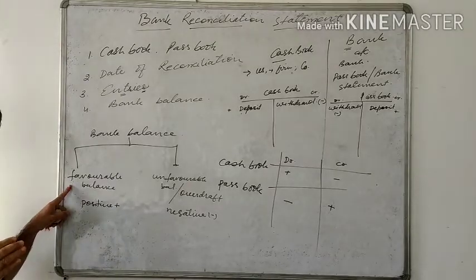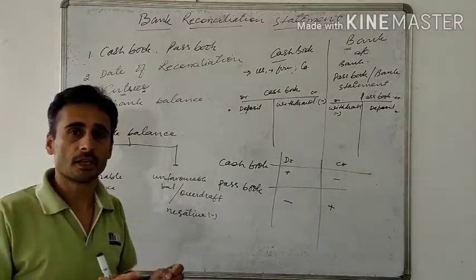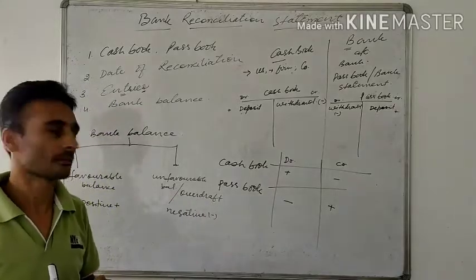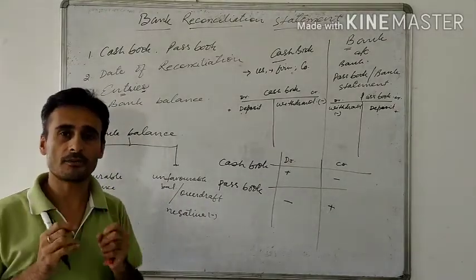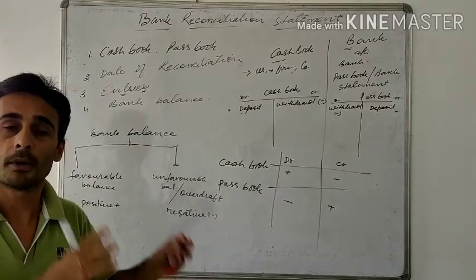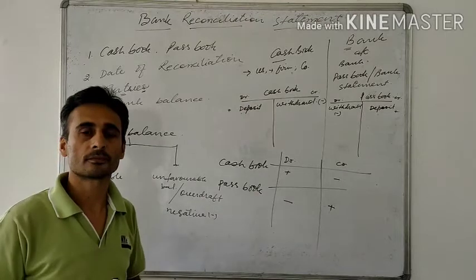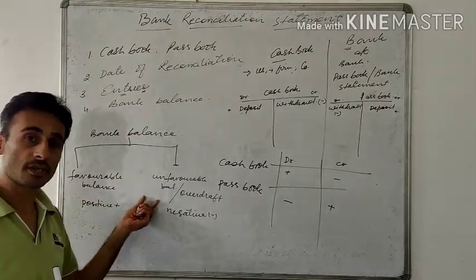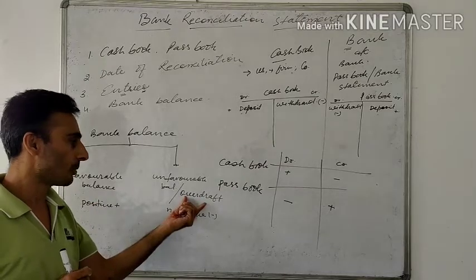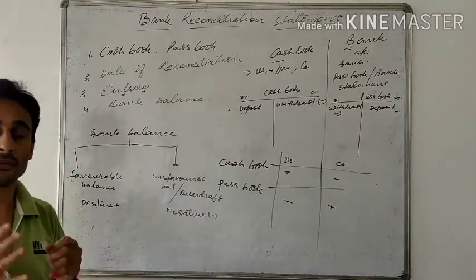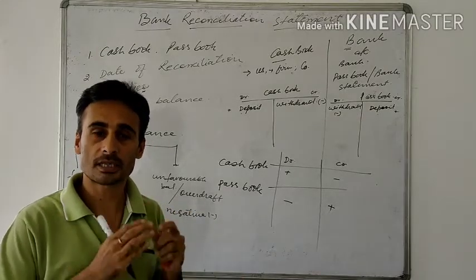Favorable balance indicates that the company or the firm has its own money with the bank. Unfavorable balance means the company or the firm does not have its own money. It has borrowed money from the bank. That means it is a kind of loan taken from the bank. This is also known as overdraft. Overdraft is a facility given to the firm or company or business concern.